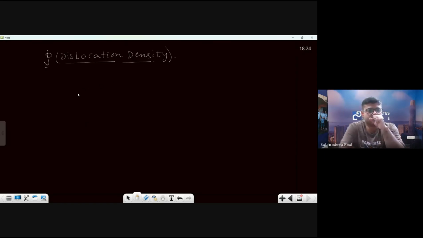Let us explain this portion a little bit. If I'm talking about rho, the dislocation density, and the unit of the dislocation density, meter per meter cube, it means the total length of dislocations in a unit volume of a crystal.